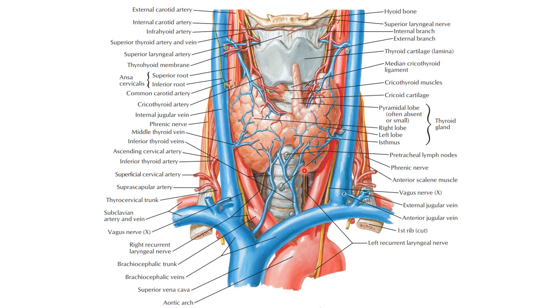So that this left recurrent laryngeal nerve would be seen as this one. Okay, and the left recurrent laryngeal nerve would be found in close association between the thyroid gland laterally, the trachea anteriorly, and the esophagus posteriorly. And it will ascend, the recurrent laryngeal nerve will ascend to supply the muscles of the larynx, causing you to produce sounds.